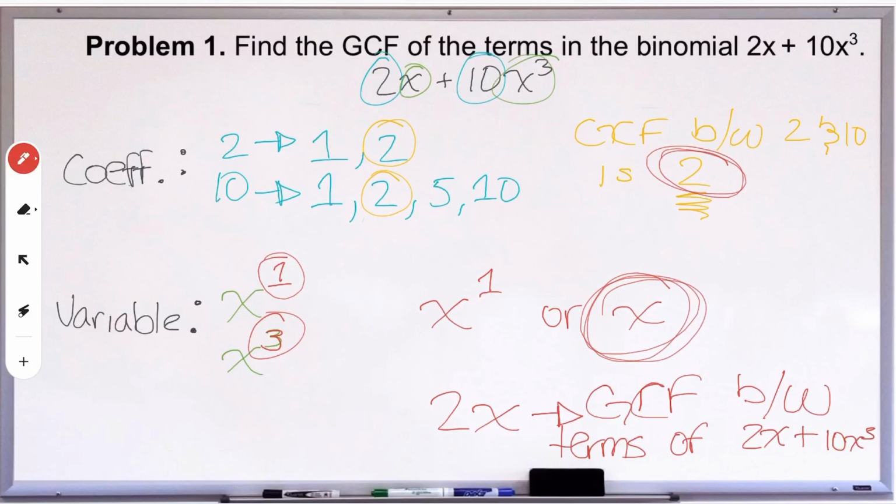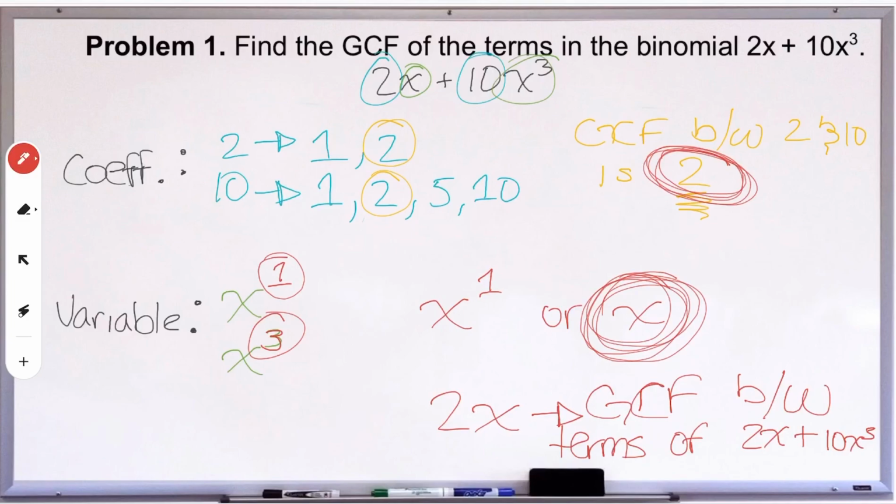So I'm going to repeat that again. 2x, which we got from multiplying this x and this 2 together, is our greatest common factor between the terms 2x plus 10x cubed.